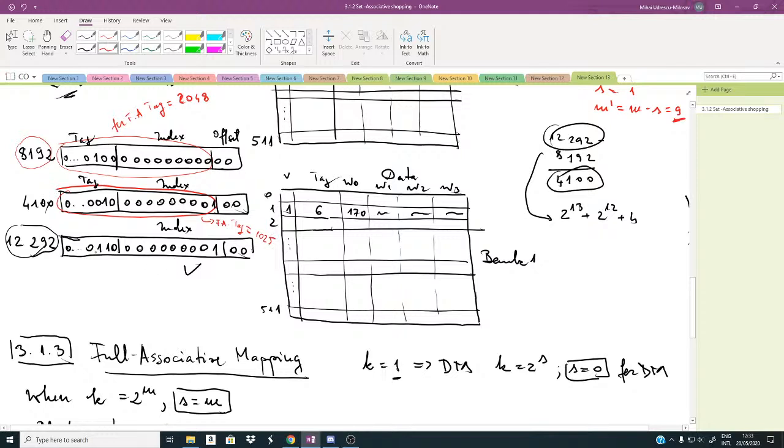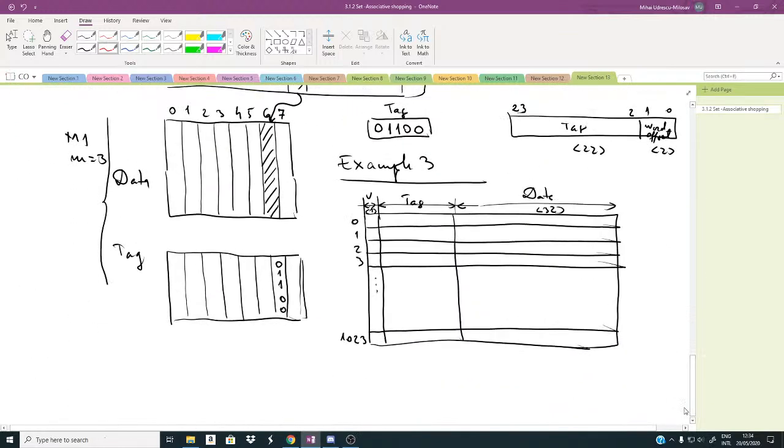And here, the tag would be this quantity. So this quantity is this one plus this one, right? So for full associative, the tag, which is the block number, is 3073. Okay, good.